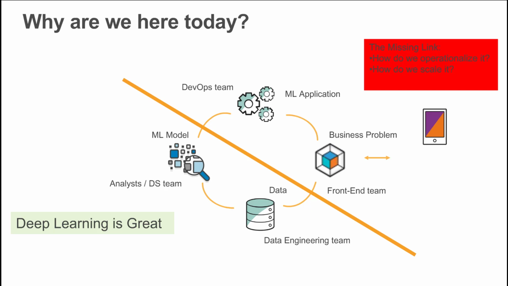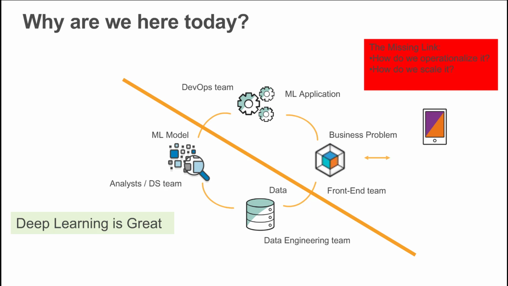On the machine learning side, we have a great team of data engineers and data scientists who build the models, get the data, train the data, and then build these models. On the business side, we have the application developers and the front-end team who are trying to deliver the most beautiful experience to our customers.